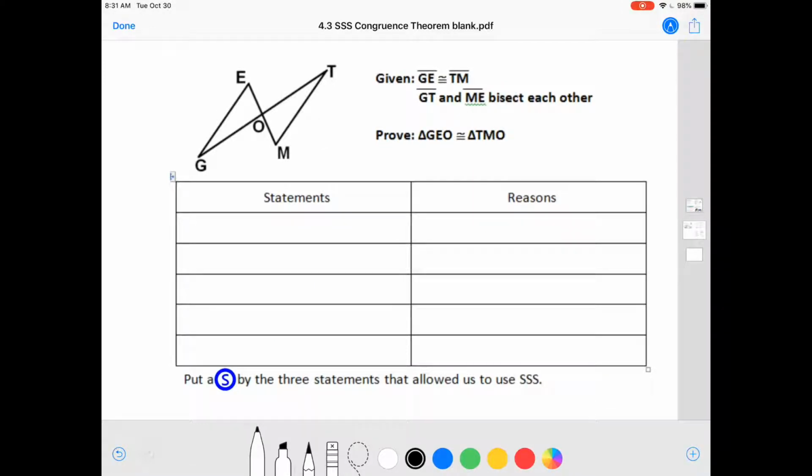All right, here's our last example. I actually want you to pause for a minute and see how far you can get on this proof without me. And I'm thinking most of you are able to put in the givens, yes? Did you put any S's next to any of those givens?